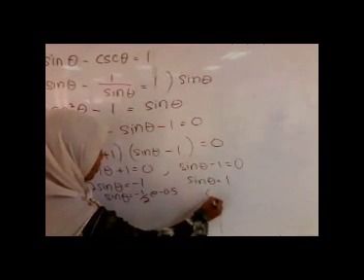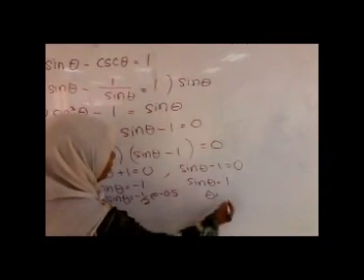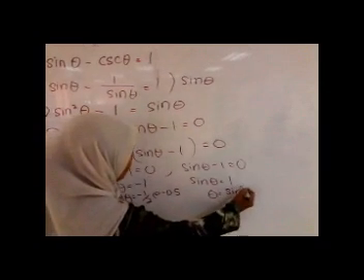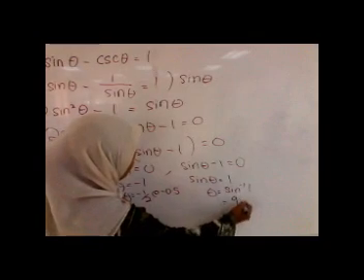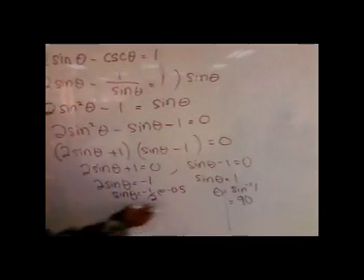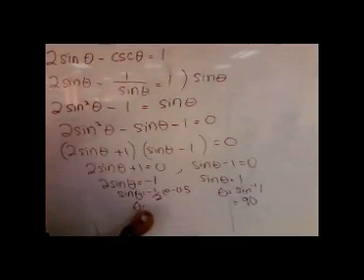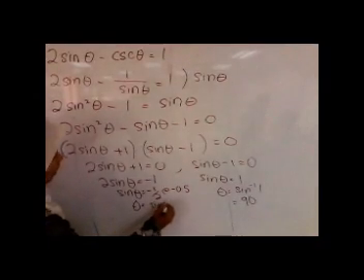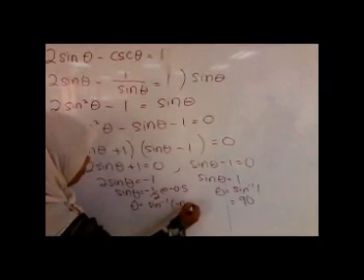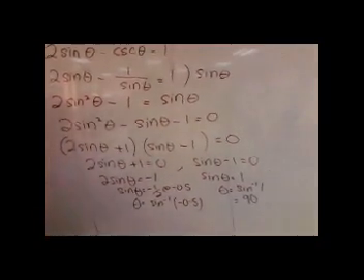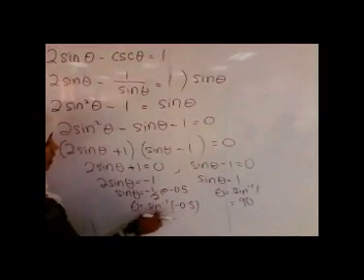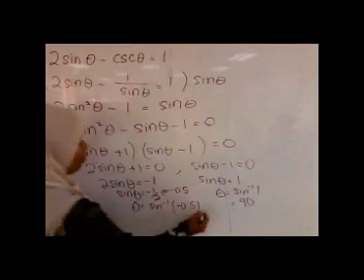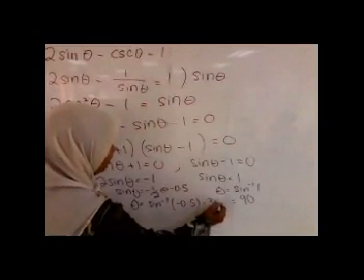Then we get theta equals to inverse sin 1, and then we hit calculator inverse sin 1, we get 90 degrees. So for this part, theta equals to inverse sin negative 0.5. Okay, and we hit calculator inverse sin negative 0.5, we will get 30 degrees.